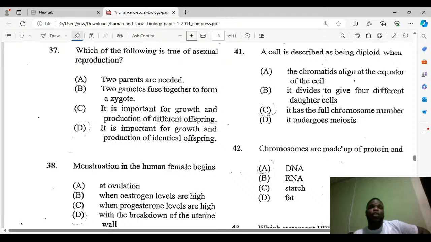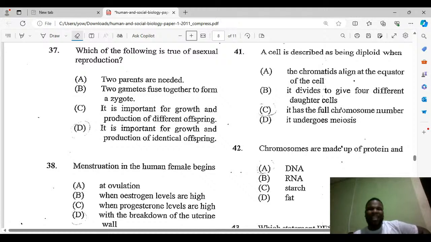It's important for growth because asexual reproduction, mitosis, right, works on the growth of all cells except for sex cells or gametes. Again, mitosis is the development of all body cells, or somatic cells, right?